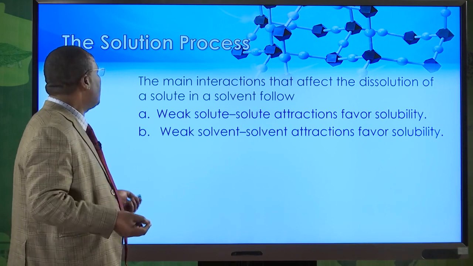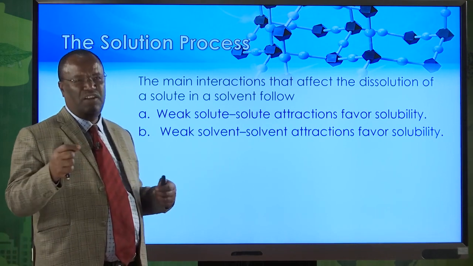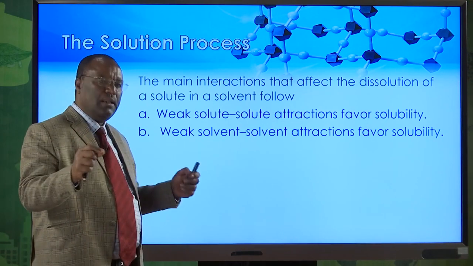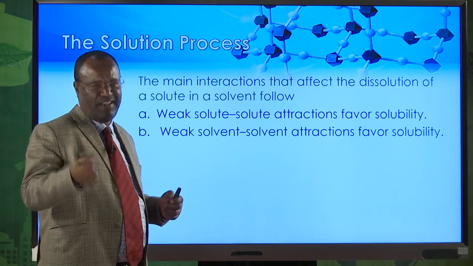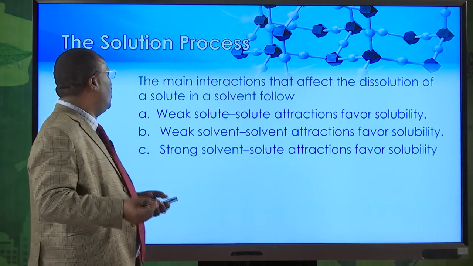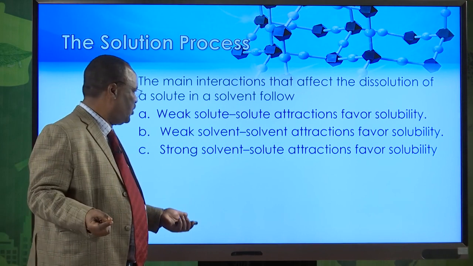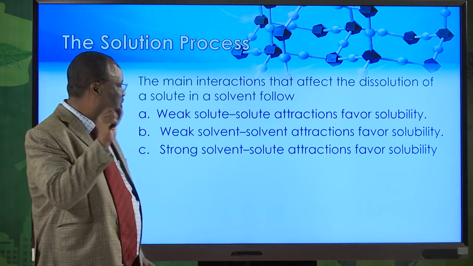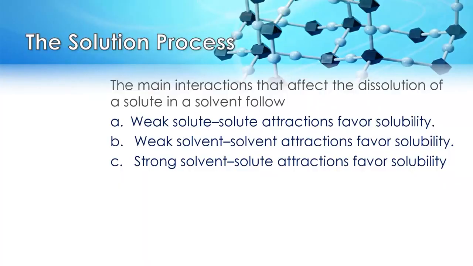The second one: weak solvent-solvent interaction favors solubility. If there is weak solvent-solvent interaction, it can easily be overcome by solute-solvent interaction. Strong solvent-solute attractions favor solubility. If there are strong solvent-solute interactions, the solution can be formed. So if these conditions are fulfilled, solubility will be favored and a solution can be formed.